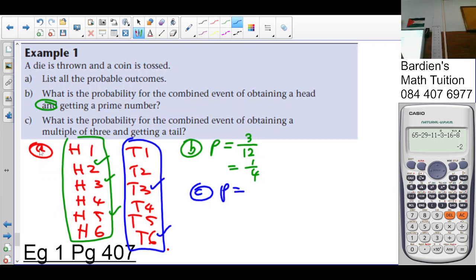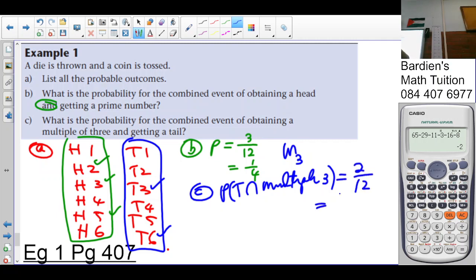The probability of tails, you will normally write it out as probability of multiple of 3, intersection tails. So what are my options? 2 out of 12, which is 1 out of 6. Right? Do you guys understand?